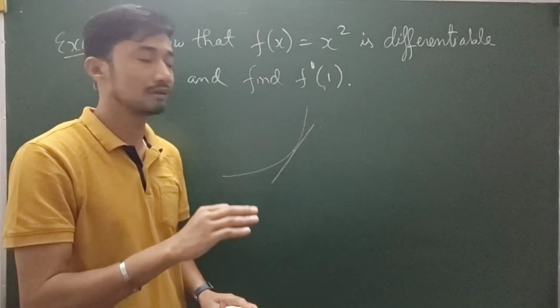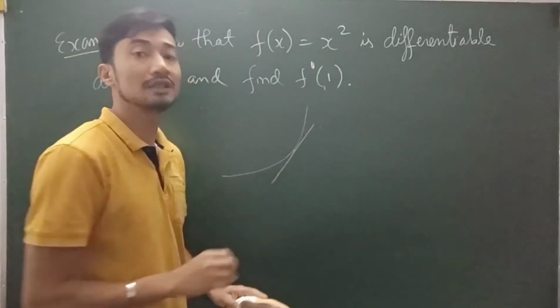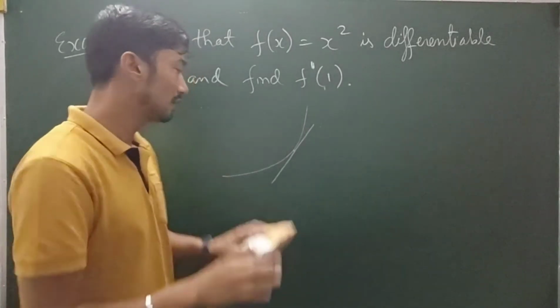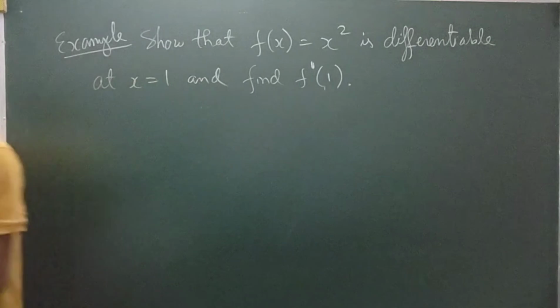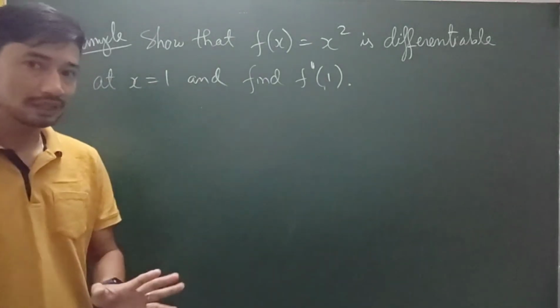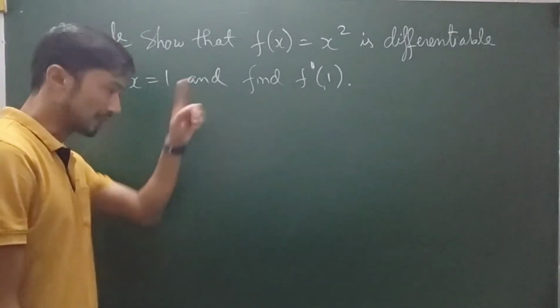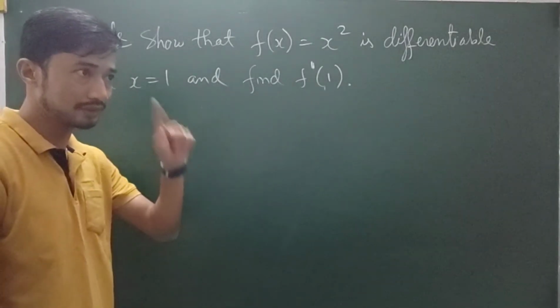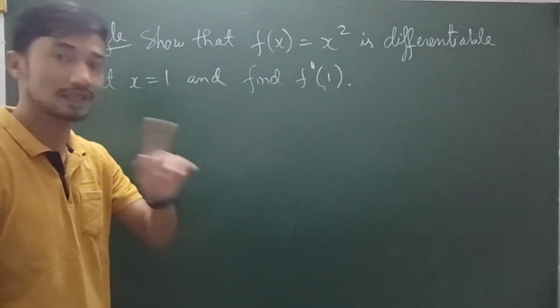Then that function will be differentiable at that point. Alright, got it now? So I can draw a tangent. You just keep that in mind. Alright, let's proceed. If you can draw a tangent at that particular point, the function is differentiable at that point.